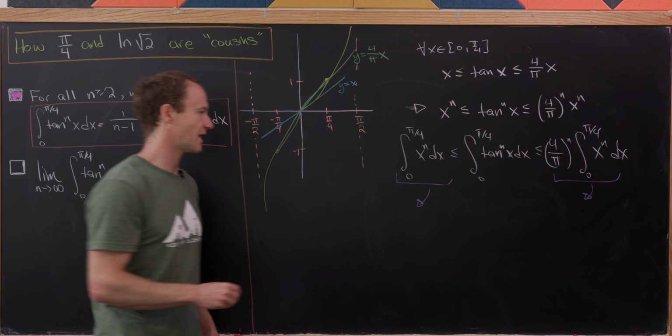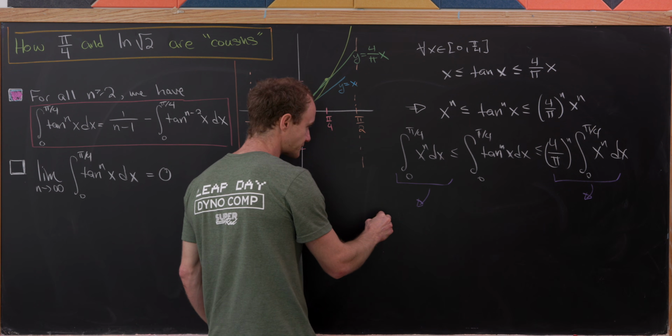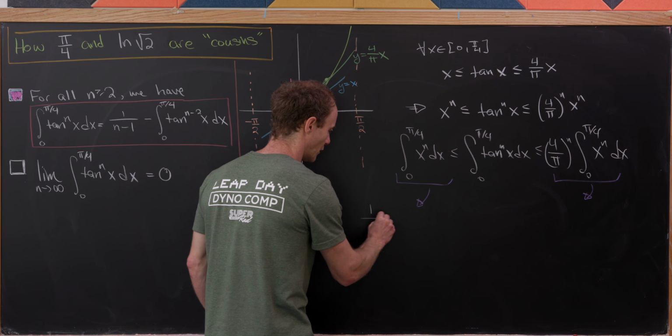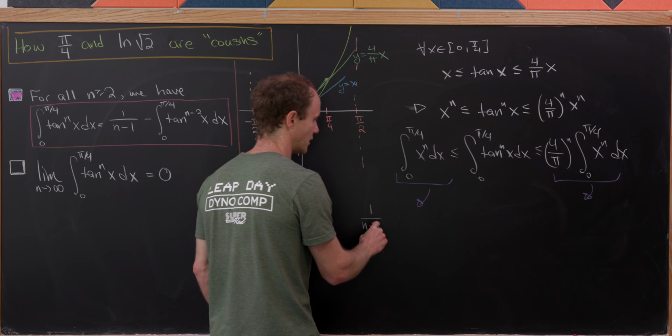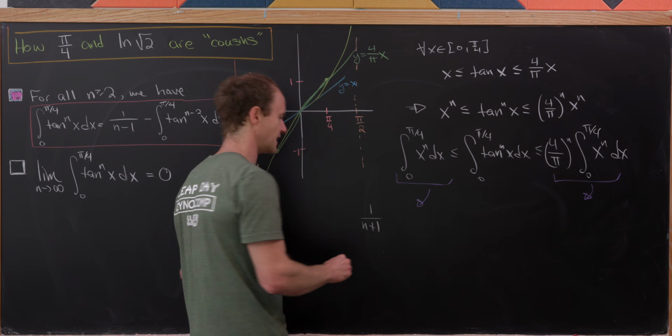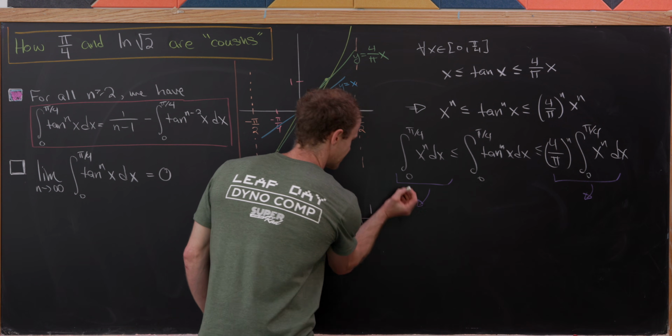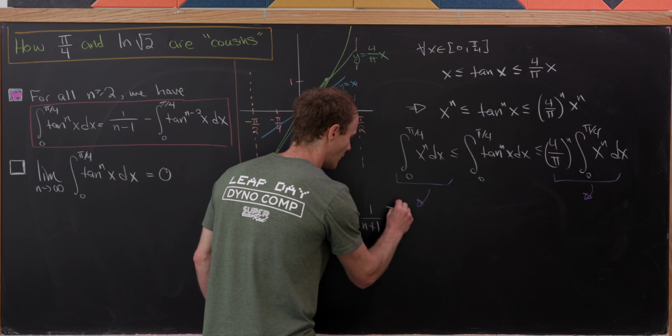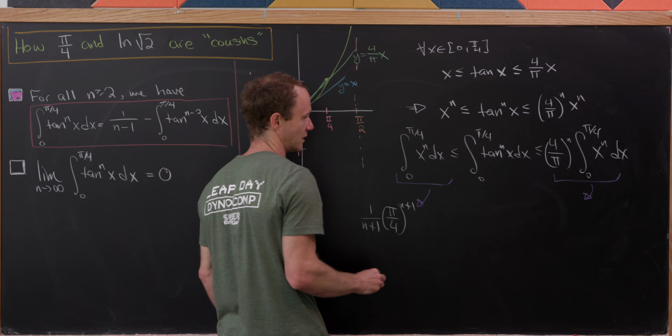So plugging all that in, what will we get? Here we're going to get 1 over n plus 1, and then we'll have x to the n plus 1 evaluated at the endpoints. That'll give us (pi over 4) to the n plus 1.